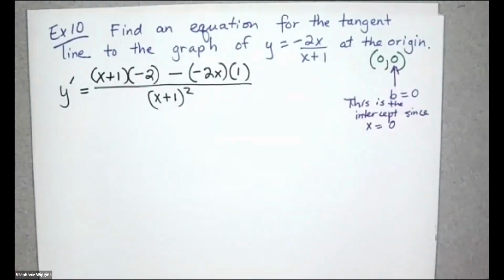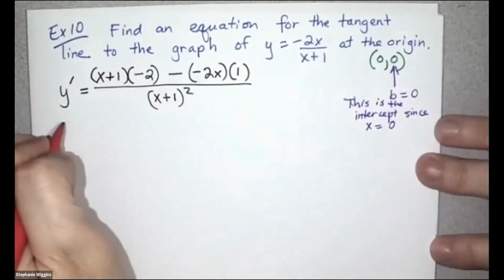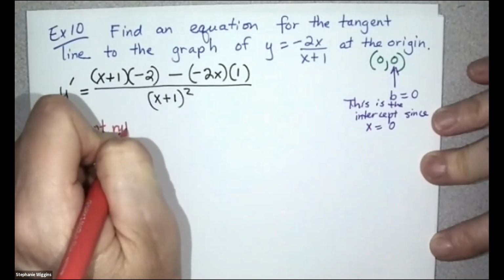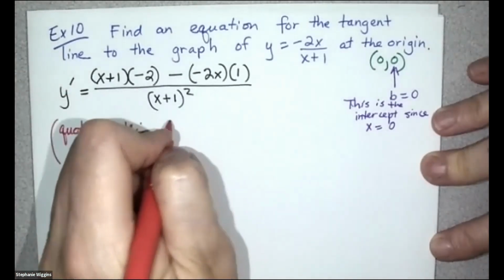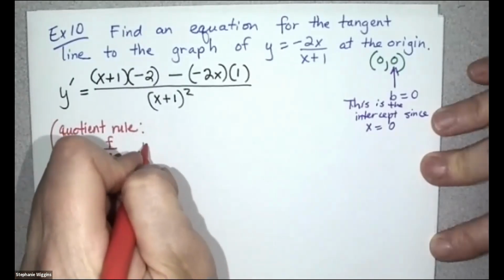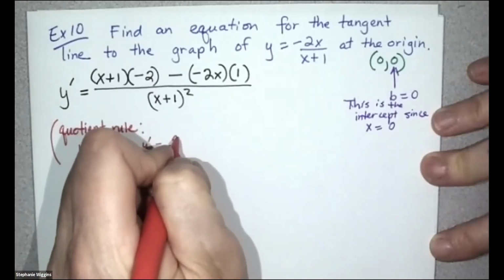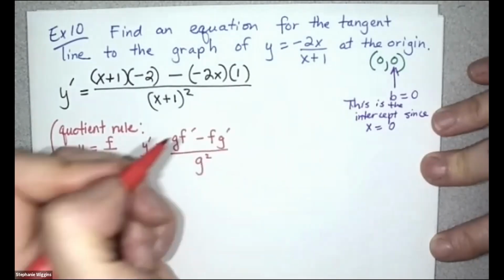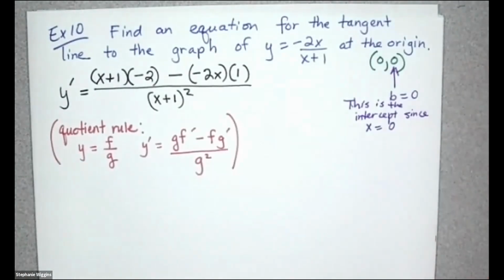Okay? So this is the quotient rule. I'm just going to put this in parentheses to remind you of the rule. Okay. Now I'm going to simplify this.